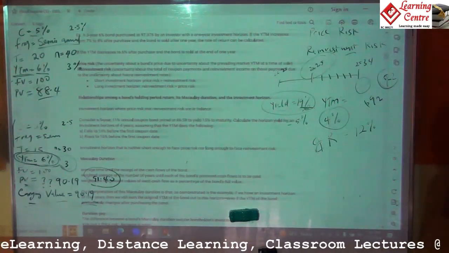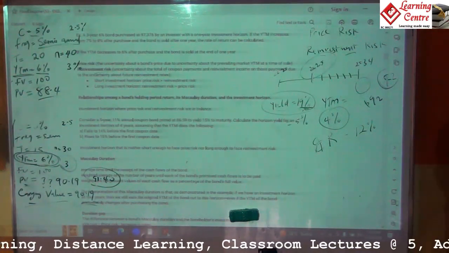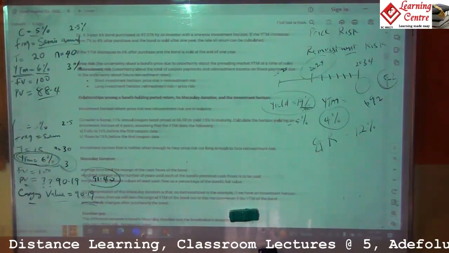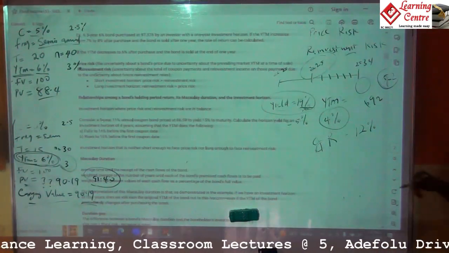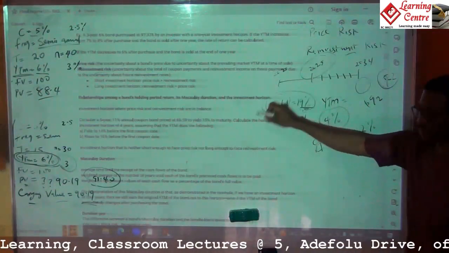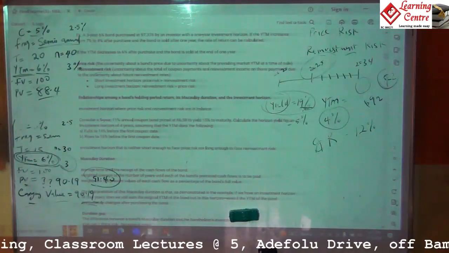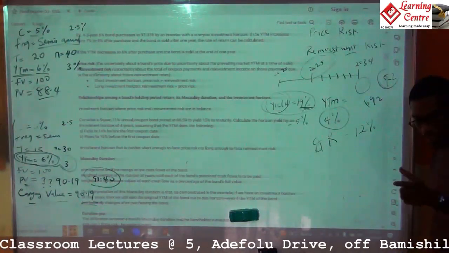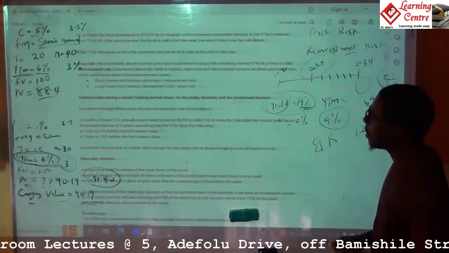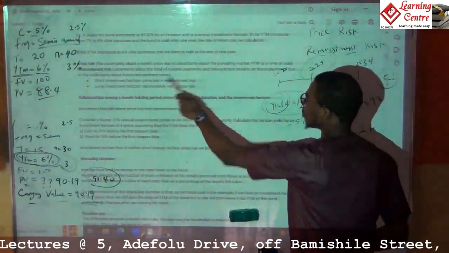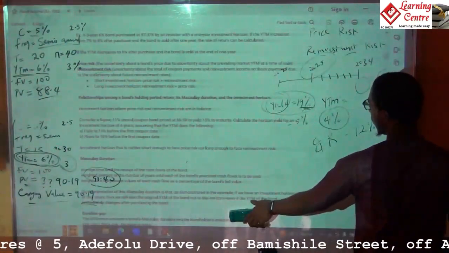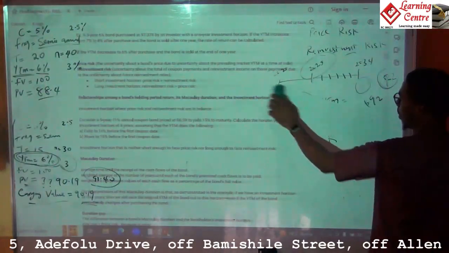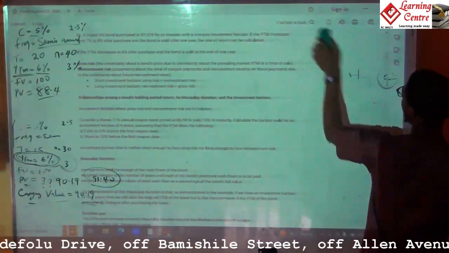What's the relationship between price risk and reinvestment risk? It's all tied together, because there is a determining factor for all of these things. So we are going to state some facts now.